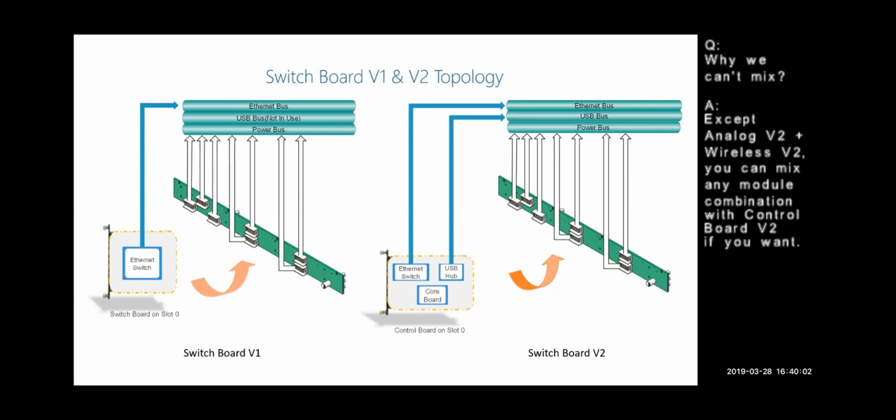About the hybrid gateway. If you want to mix wireless card and analog card in the same chassis, you can only use V2 cards and the V1 cards in the same chassis.